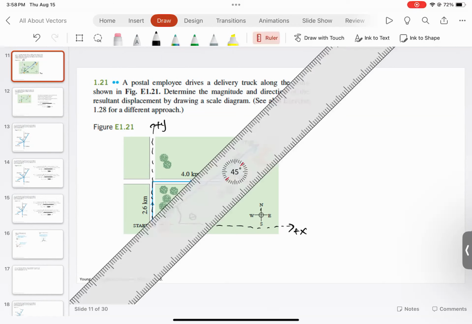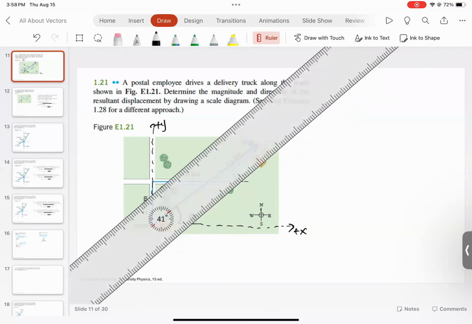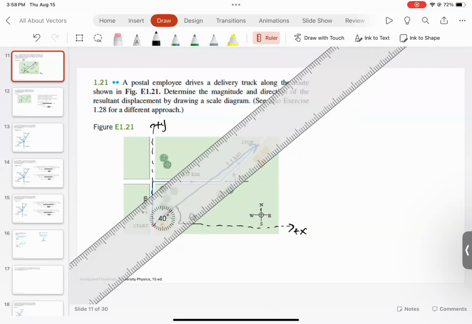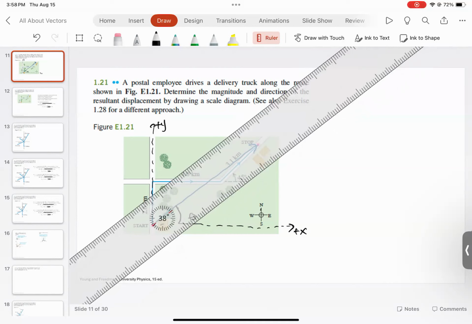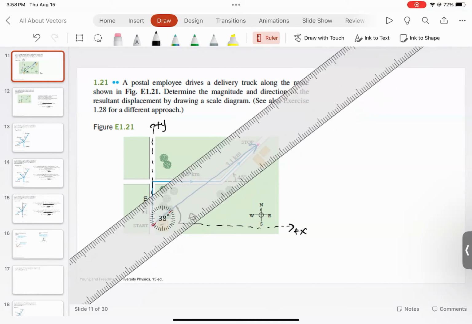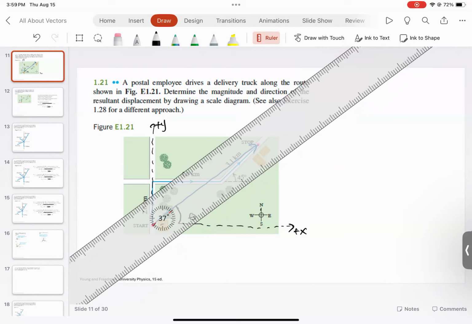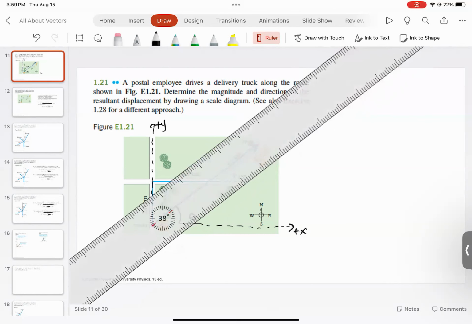So we can use this ruler, for example. Ilidikit ko lang to dito somewhere. And then based on this, it's somewhere nasa 38 degrees or 39 degrees, tama ba? I'm just trying to imagine a straight line from the starting point to dun sa final position na 38 degrees. So 38 yan.